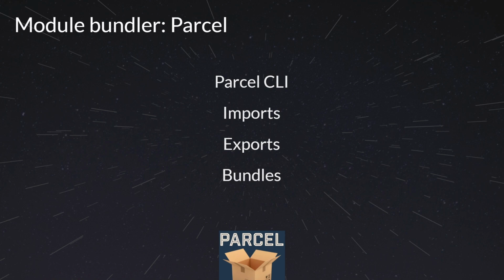We want to organize these files in folders so we can find exactly what file we're looking for. So Parcel is a tool we can install with npm that installs the Parcel CLI, the command line interface. So we get a couple of commands that run Parcel, and it's really simple. It's just a single command you want to learn. Parcel will look at imports and exports in your files, which is how you link files that require data from another together.